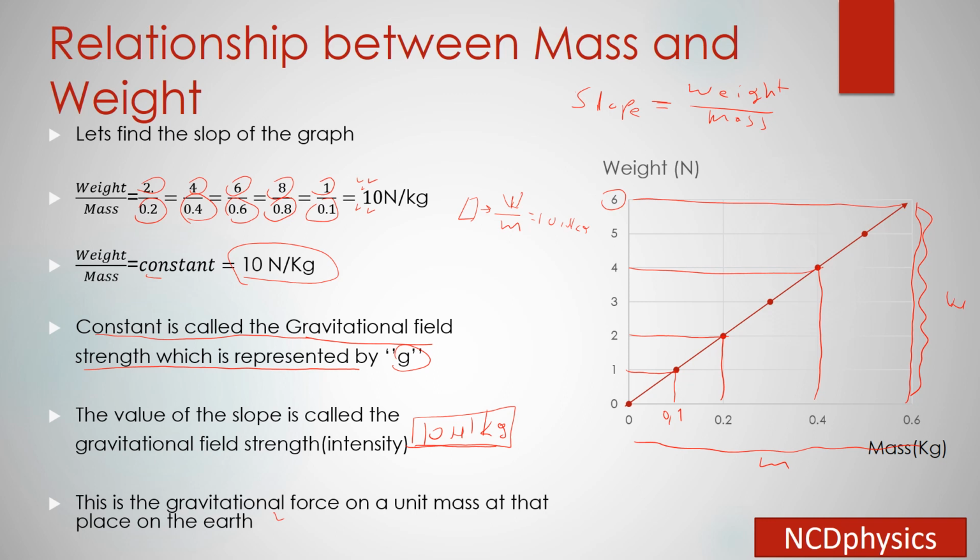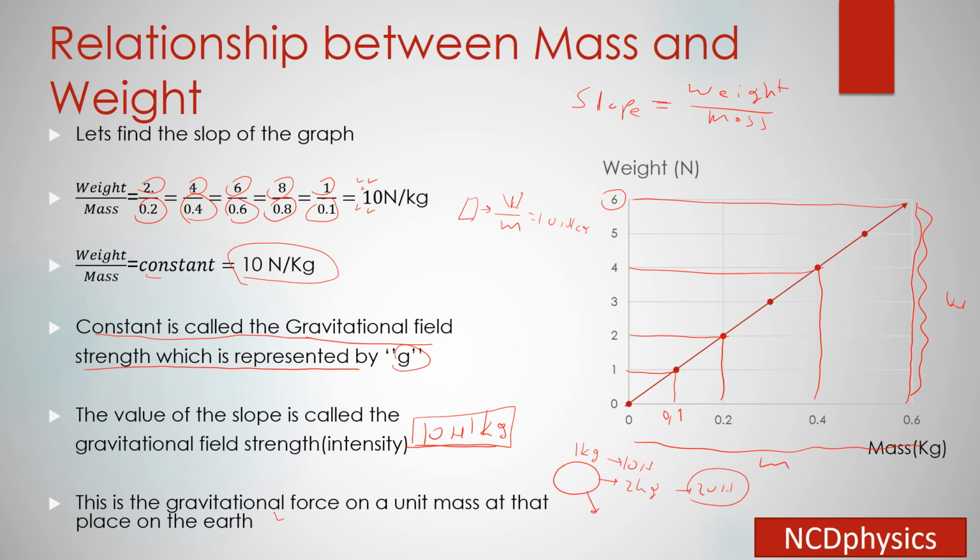For example, this is the surface of the earth and I have a 1 kilogram mass. The gravitational force acting on this object is 10 Newton on the unit mass. If I have a 2 kilogram mass, it means that a 20 Newton force is acting on it.